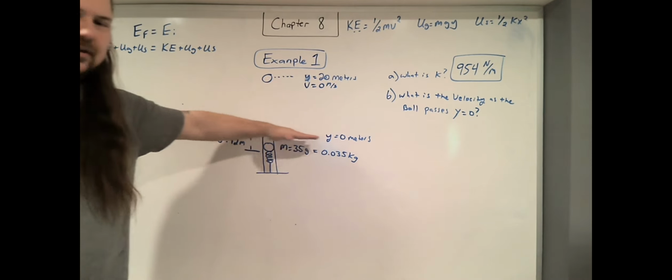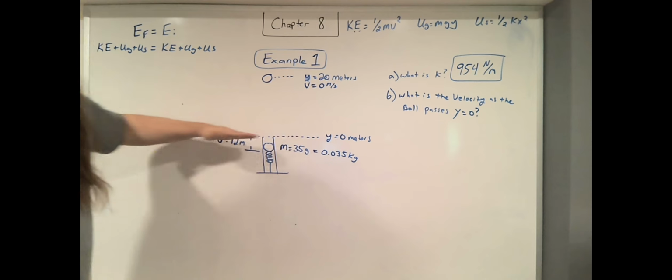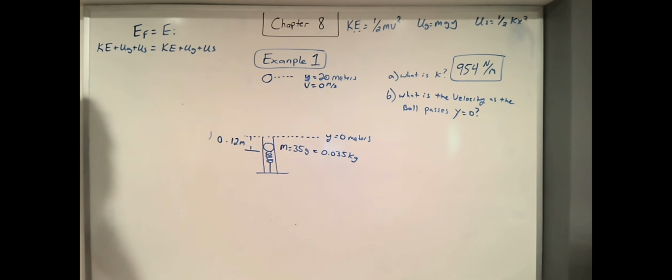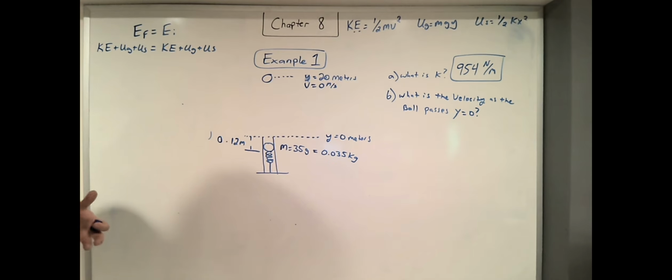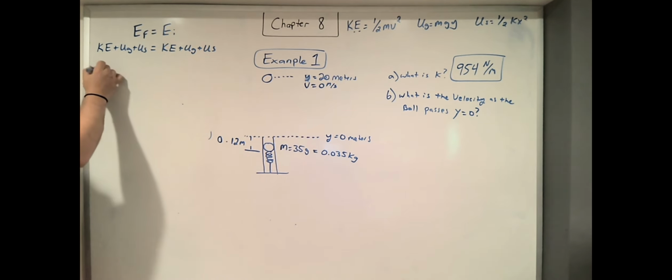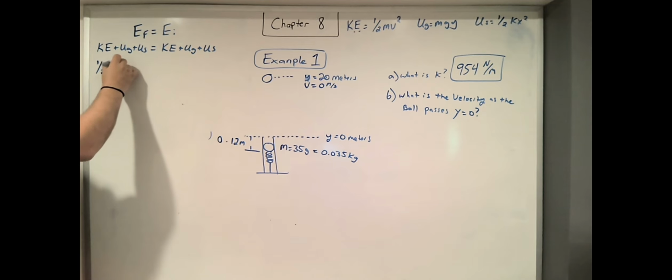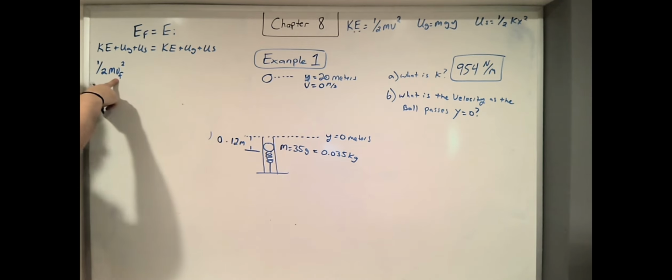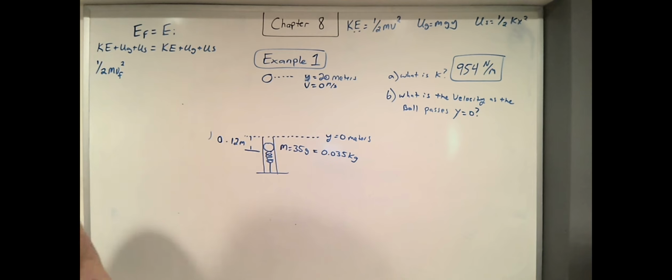Okay, so in the final, this time, I'm looking at the y equal to 0 line. Does it have kinetic energy at the y equals 0 line? The answer is yes, of course it does, because the ball has just been released from the spring. It will have 1/2 m v final squared for energy, and that is the velocity that the question is asking for.